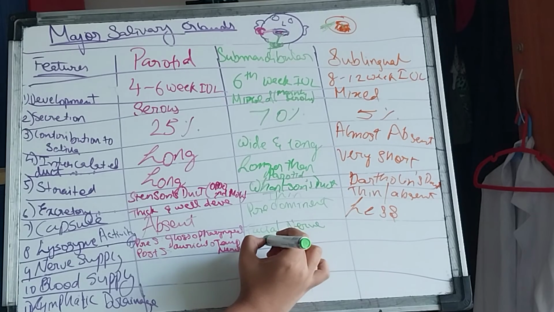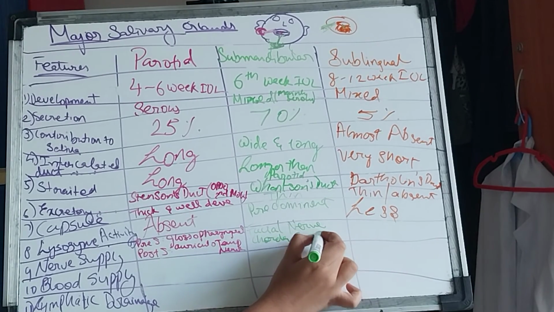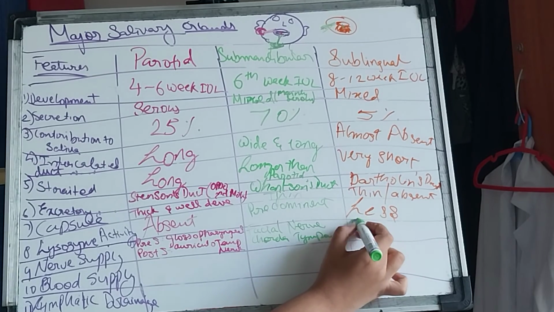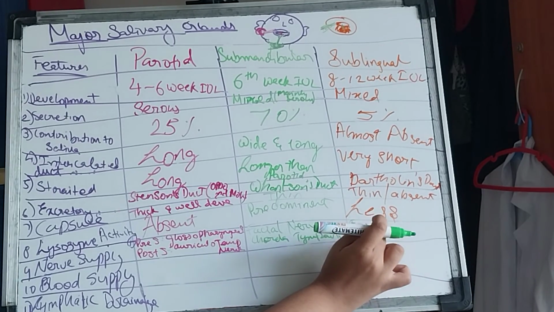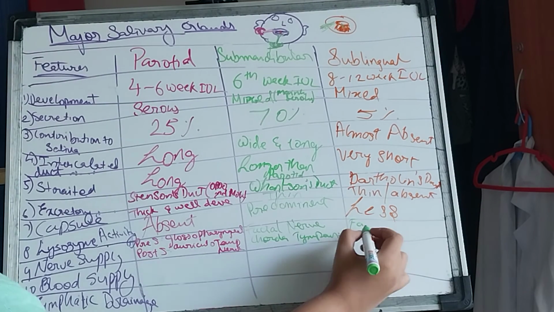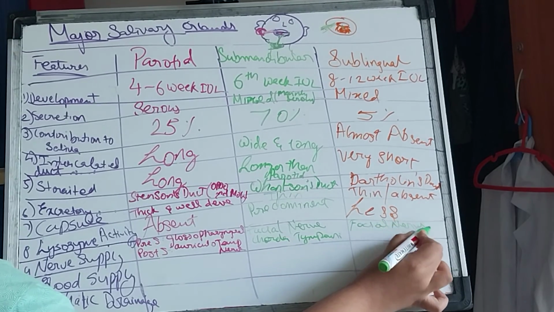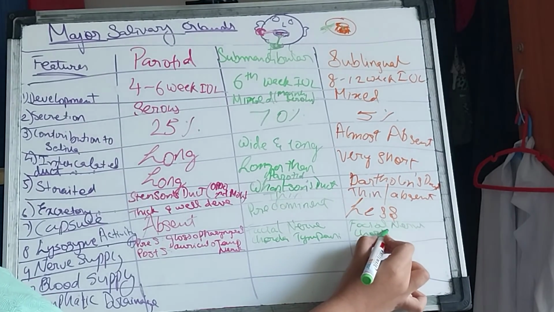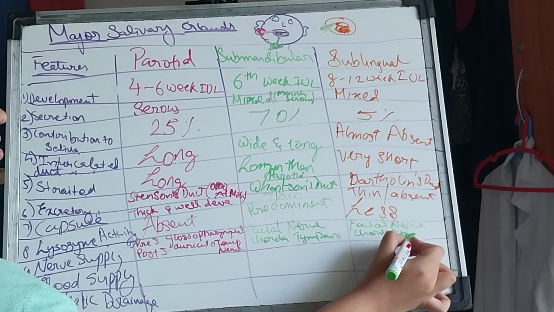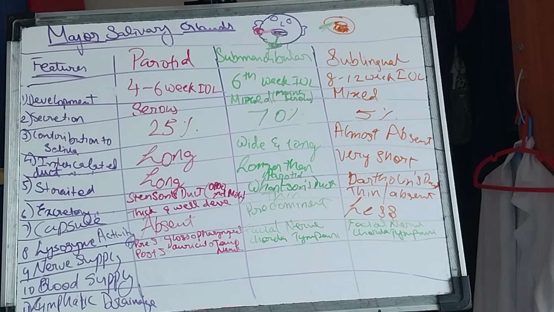I won't discuss the submandibular ganglion, you have to study that separately, but that was the pathway. I just told extra information here. The facial nerve has a branch called chorda tympani, which innervates these glands.